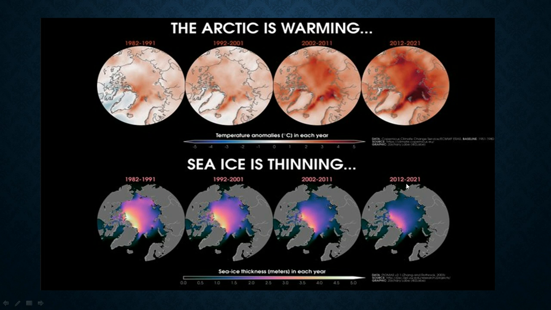In fact, based on the most recent that we have, it is probably about 2 meters thick. We don't see any more 4, 5, 6 meter thick ice anymore. It's disappearing. It's thinning, which will then facilitate the further loss and total loss of sea ice.